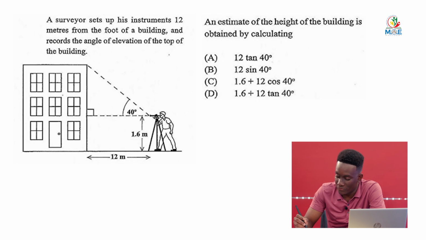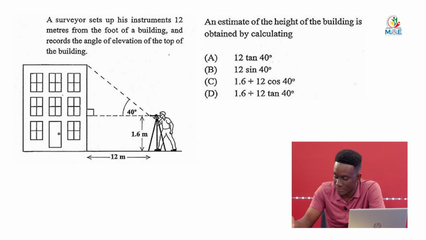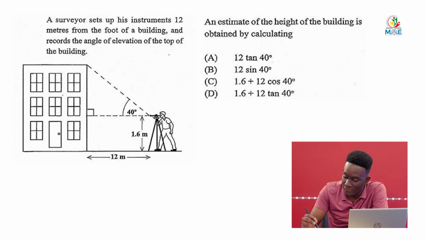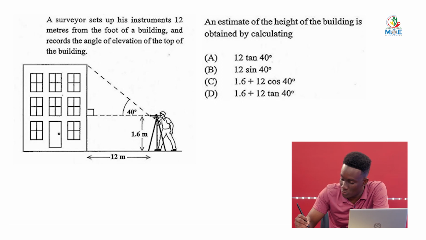And the angle of elevation from his line of sight to the top of the building is 40 degrees. So an estimate of the height of the building is obtained by calculating. So we need to find this piece, and when we find this piece, we add it to the height of the man.